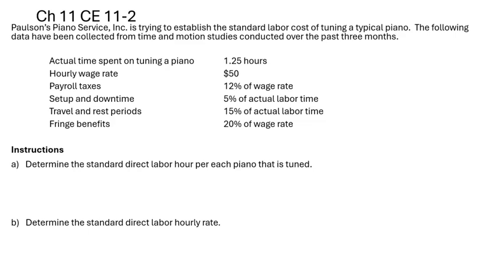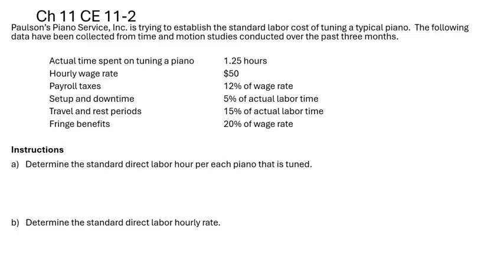Okay, so we have percentages for each, and it helps us here because it tells a percentage of what. So for setup and downtime and travel and rest periods, it's a percentage of actual labor time. So a percentage of time is going to give you time. So those two should be included. The payroll taxes and fringe benefits, those are a percentage of the wage rate.